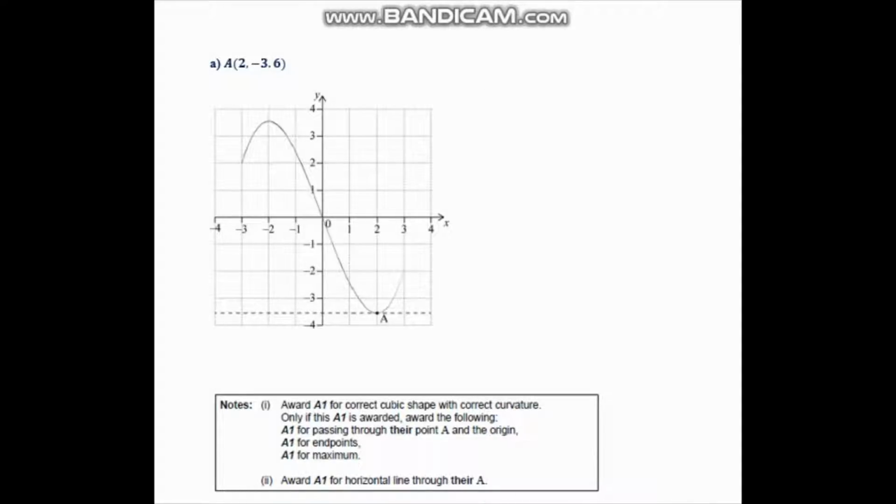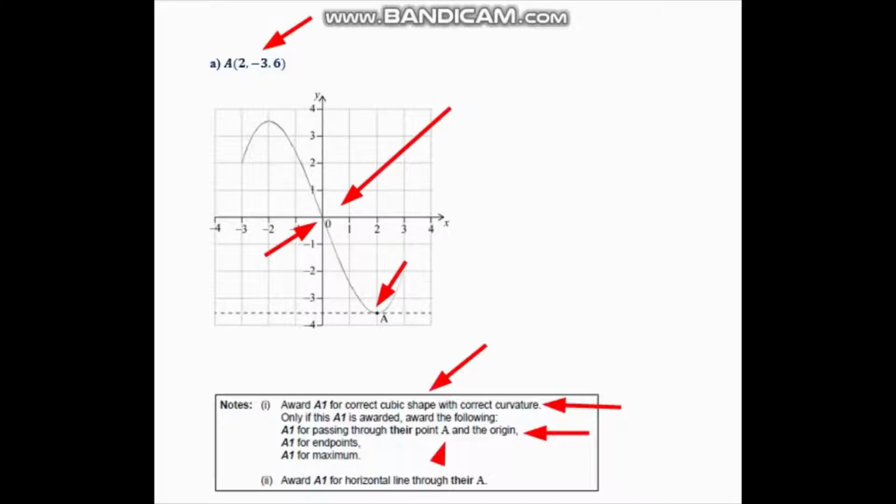So you want to have a correct cubic shape, which is the inverted S shape that is apparent here like this. And if this correct shape is there, then you get marks for the following. You want your graph to pass through the origin as well as point A. So the graph has to pass through 0, 0, and it has to pass through the minimum point right there, which has coordinates 2 and negative 3.6, if you remember.